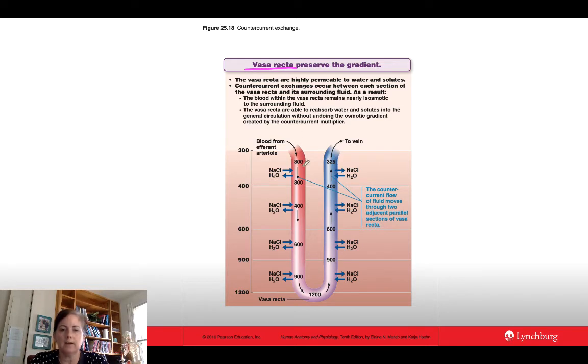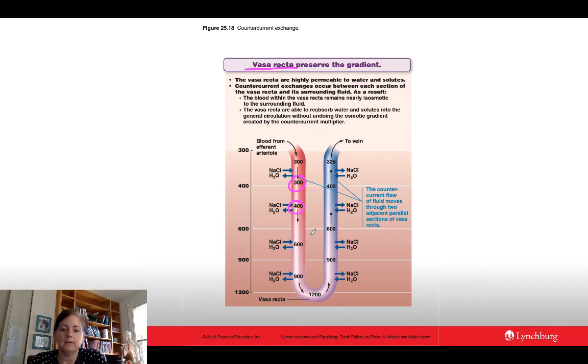So if you look at the concentration of solutes within the vasa recta, it's fairly similar to the concentration of that extracellular fluid around it. So we have this kind of free exchange. And so that's basically what we mean.